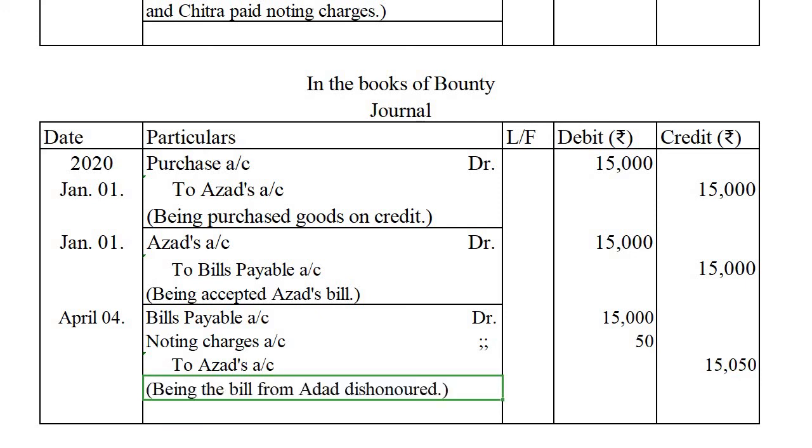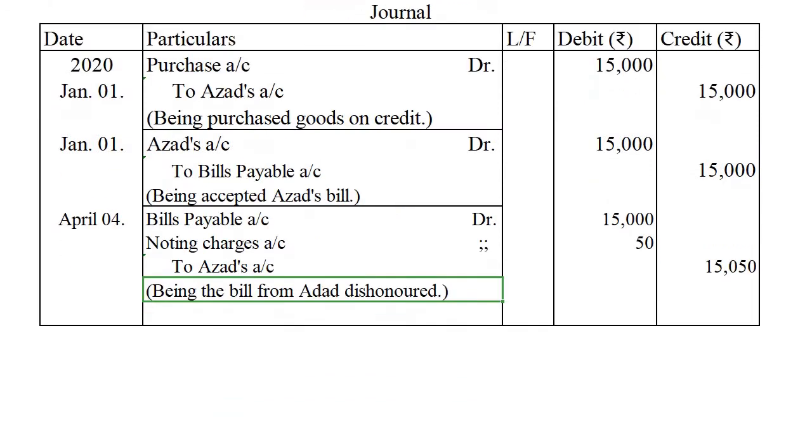Okay, so that's what we have written: bills payable debtor to Assad, or bills payable debtor, noting charges debtor to Assad. In all the different cases, whether the bill is retained with the drawer, or sent for collection, or discounted with the bank, or endorsed to the creditor, the journal entry for dishonouring will be in favor of the creditor only.